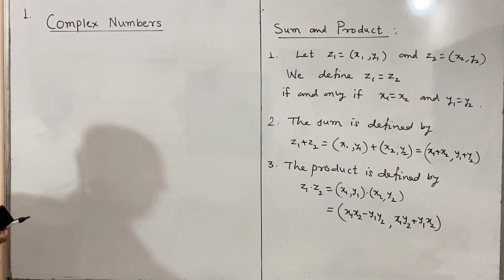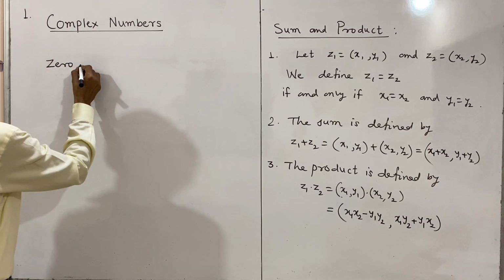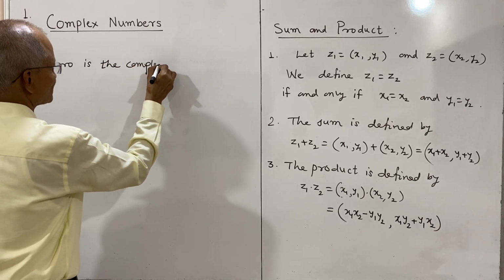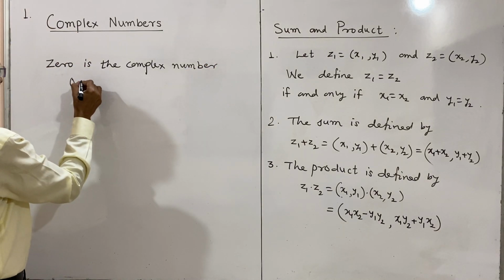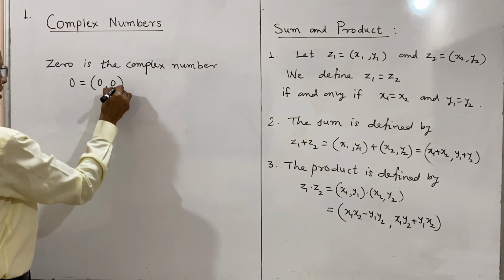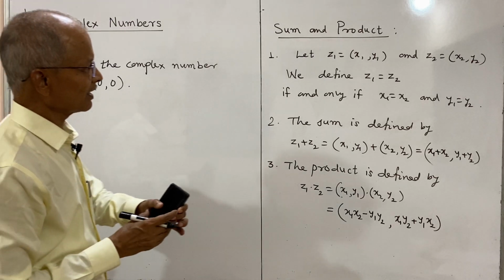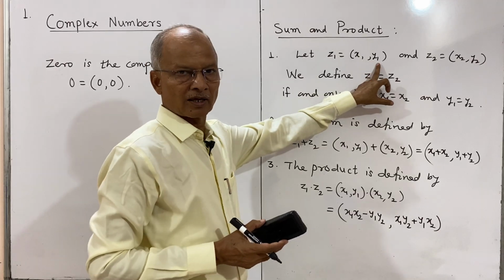Zero we shall define as the complex number 0, with the usual notation, and it has both parts, real part and imaginary part, as 0. Now we shall further define the notation. We have seen that x1 is the real part and y1 is the imaginary part.